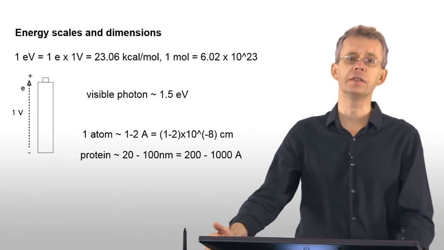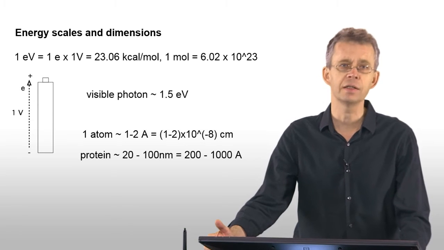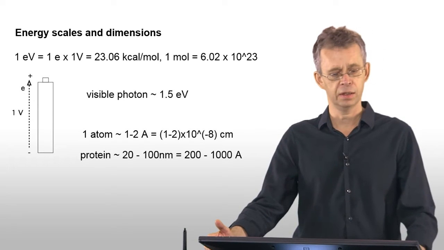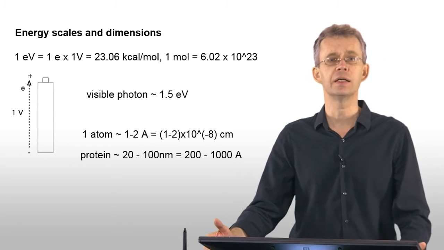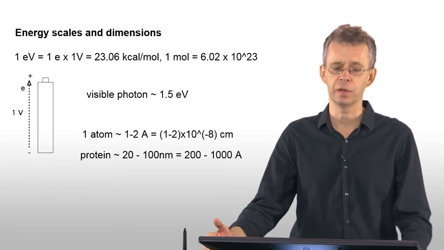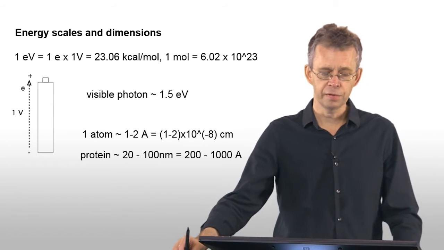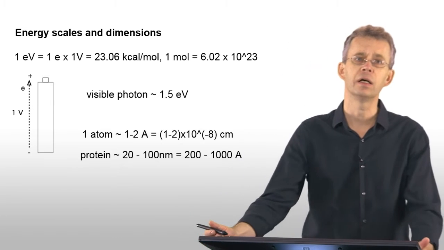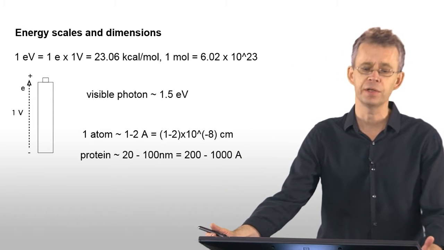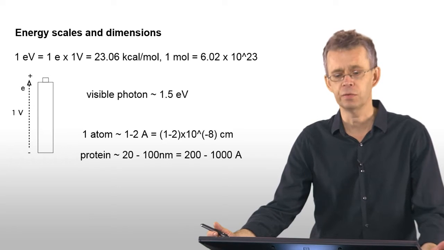Before we start, it's useful to discuss what the scales of energy are and what the dimensions of biological systems are. The typical scale of energy in biology is 1 electron volt.